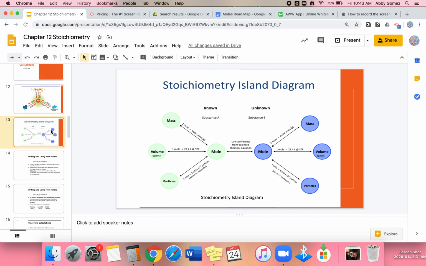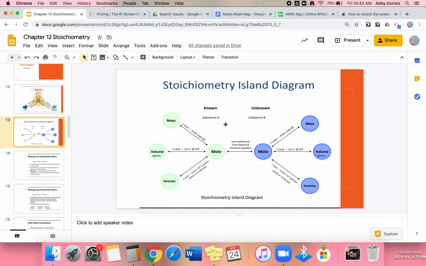Stoichiometry, the point here is to be converting from a known amount of one substance, which you can see on this picture they call substance A. So we know the amount of substance A, and we want to figure out how much of substance B we have or need for a reaction to occur.